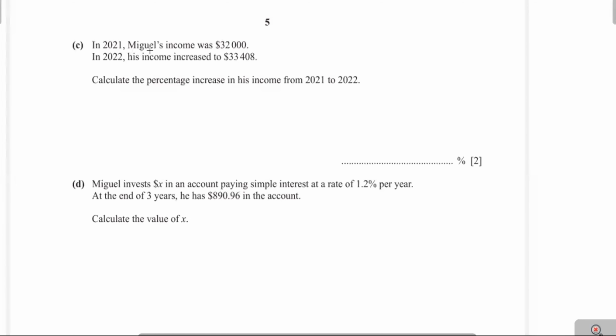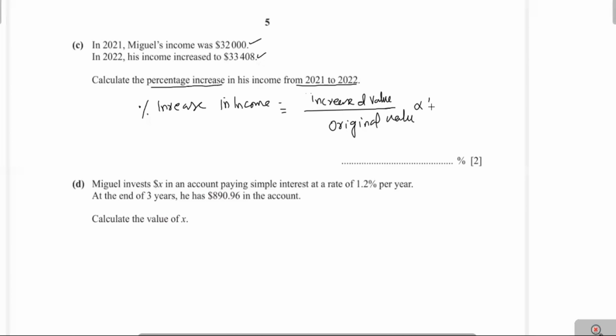The next part of this question. Part C. In 2021, Michael's income was 32,000. In 2022, his income increased to 33,408. Calculate the percentage increase in the income from 21 to 22. Now the percentage increase in income is equal to the increased value divided by the original value multiplied by 100.